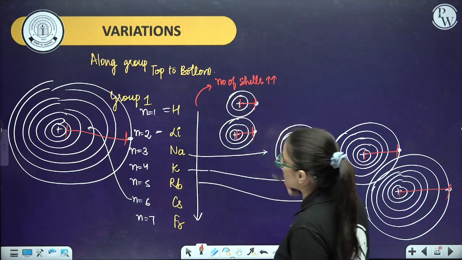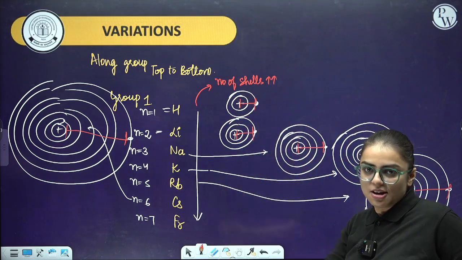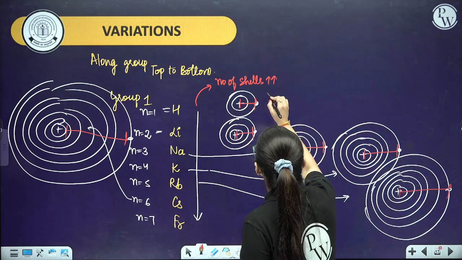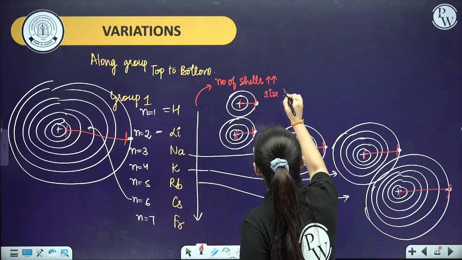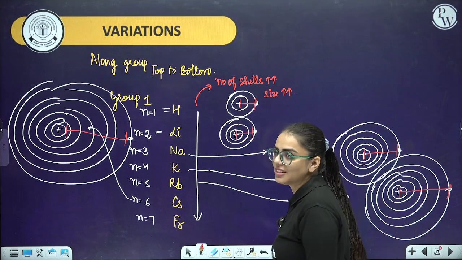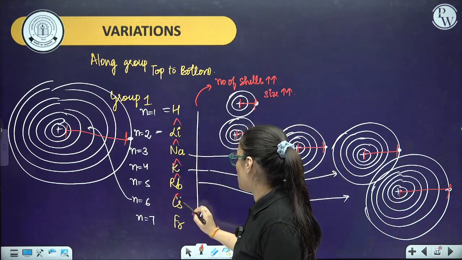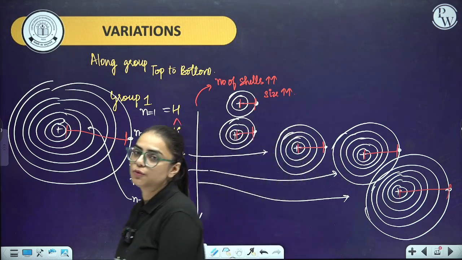If the number of shells increases, the distance between the nucleus and the outermost valence shell also increases. So distance increases, that means size increases. So top to bottom, the number of shells increases and then size increases. This is going to be the order of the atomic radii when you move from top to bottom.